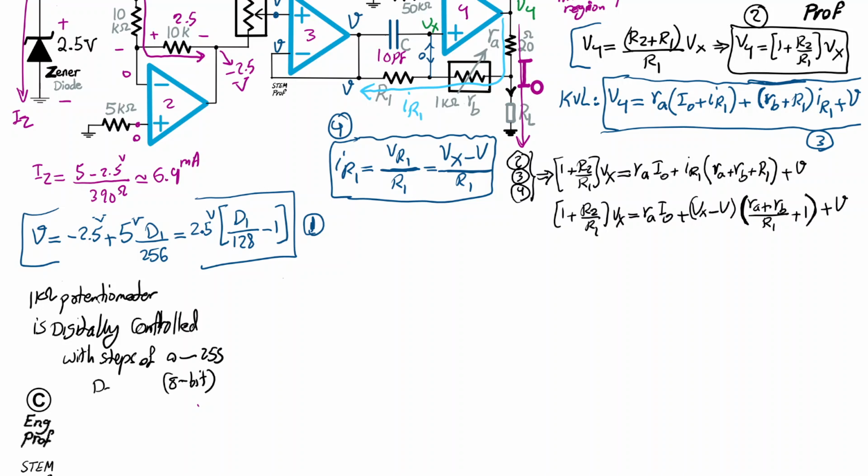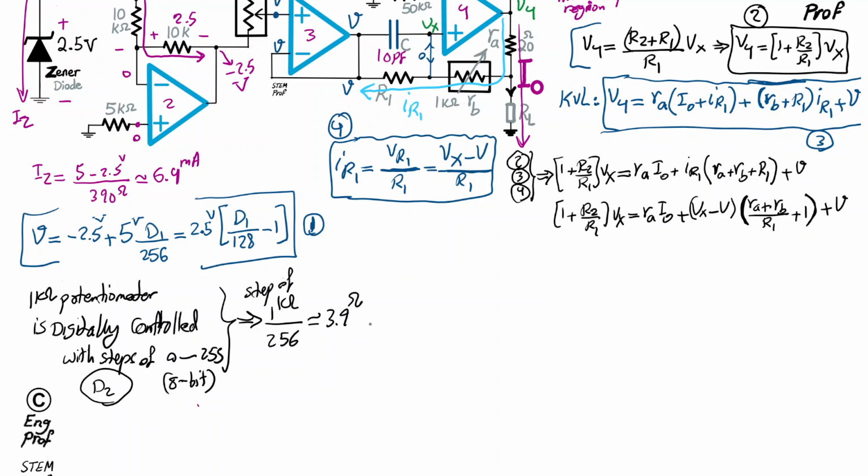Control word D2. As a result, the value can be set in steps of 1 kilo ohm divided by 256, which is roughly 3.9 ohm. So all I'm saying is this resistor, 1 kilo ohm here, we can digitally control via 256 steps with values of 3.9 ohm increment.